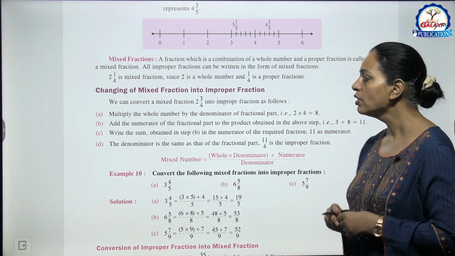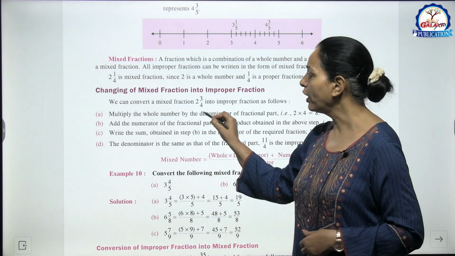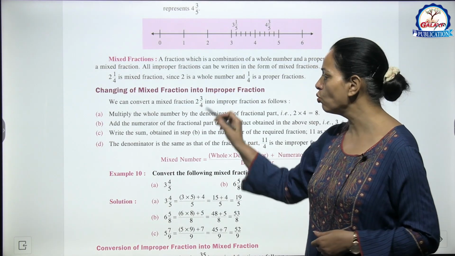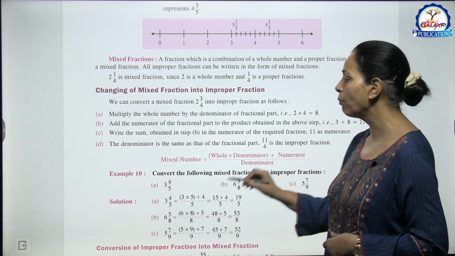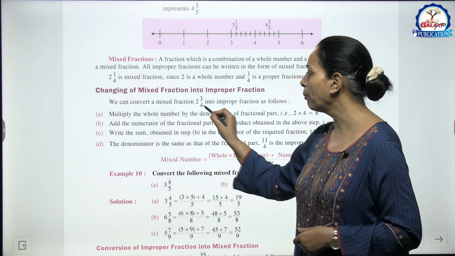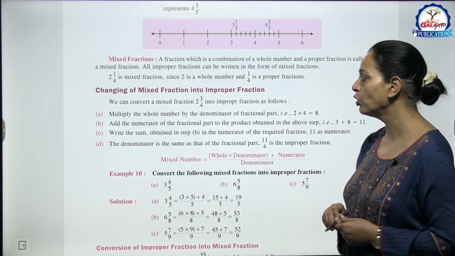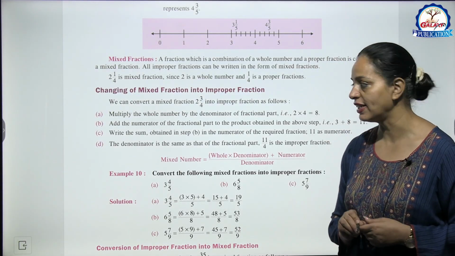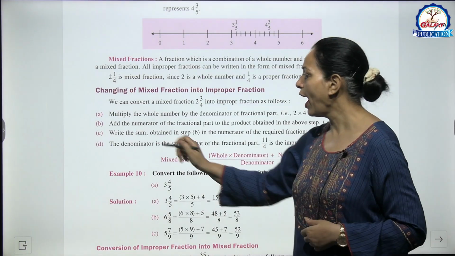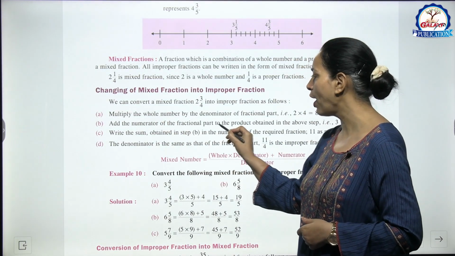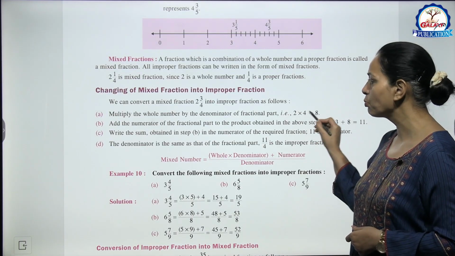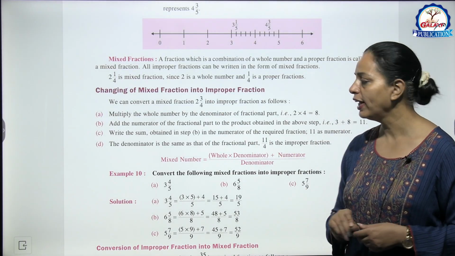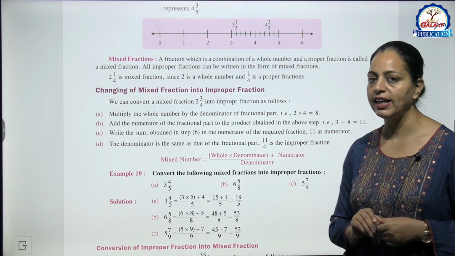So what to do? Like here, we can convert a mixed fraction 2 whole 3 by 4 into an improper fraction. How? Step 1, multiply the whole number by the denominator. 2 into 4, that is 8. Okay. Now step 2, add the numerator of the fractional part to the product obtained in the above step. You have the product 2 into 4, 8, 8 plus 3 that is 11.